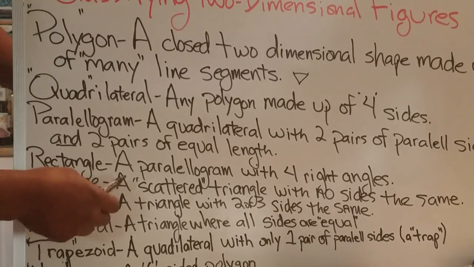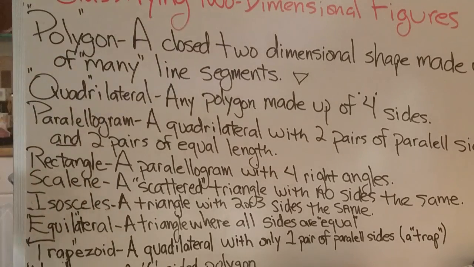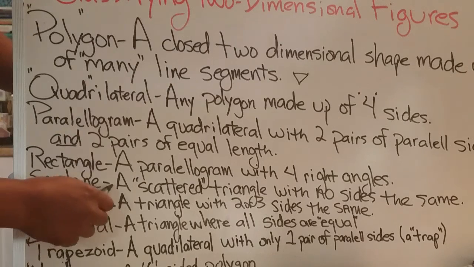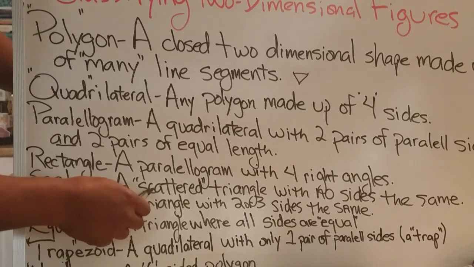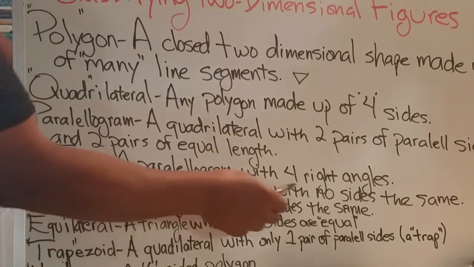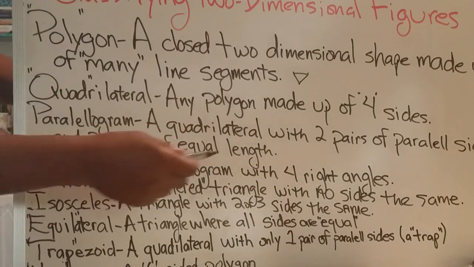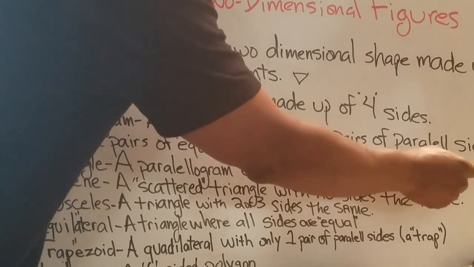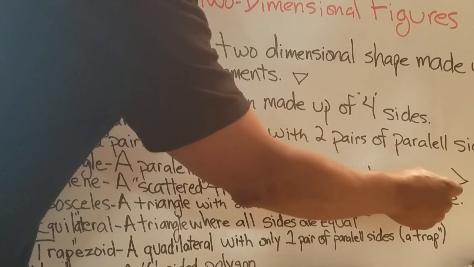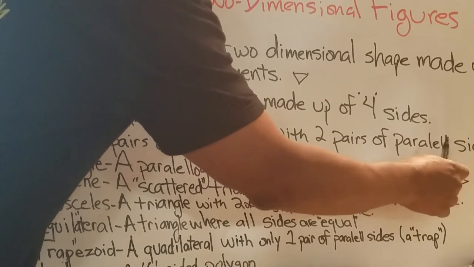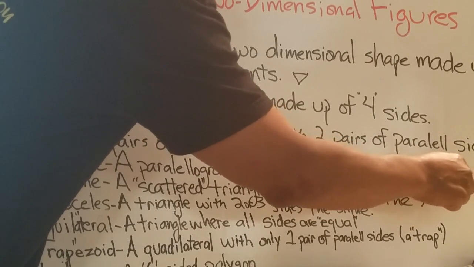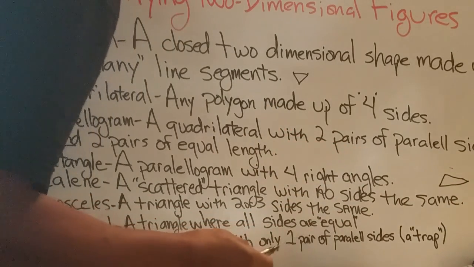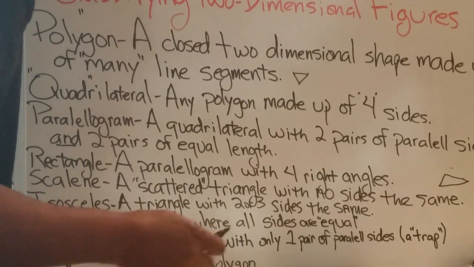Scalene reminds me of the word scattered. It's just all over the place. So a scalene triangle is a, quote, scattered triangle with no sides the same. They're all different. Every single side, the length is different. See if I can make one with all different sides. Yeah, that's a fairly decent one.